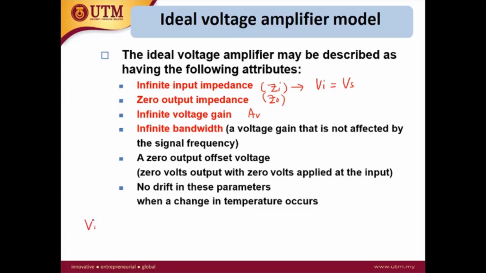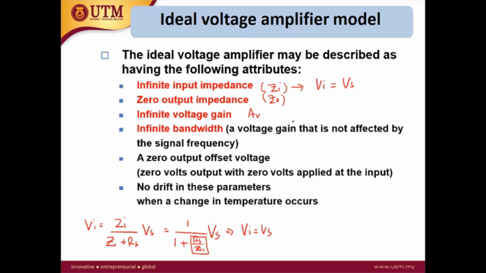You know that Vi is equal to Zi over Zi plus Rs, times Vs. We can do some analysis: this is 1 over 1 plus Rs over Zi, times Vs. If Zi is infinite, this part will equal 0, and lastly you get Vi equal to Vs. So it means there is no loss at the internal resistance.